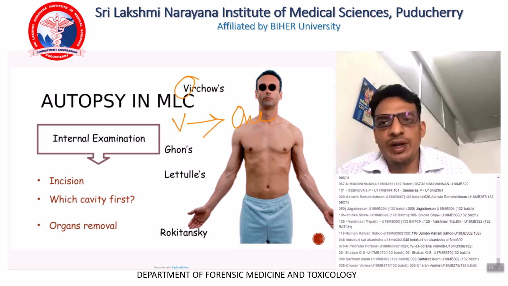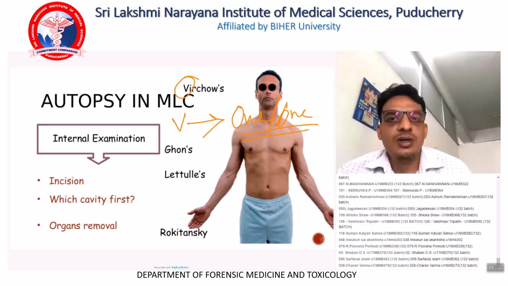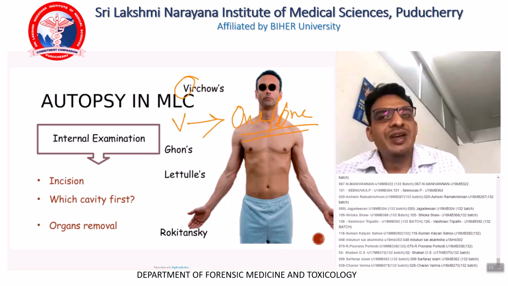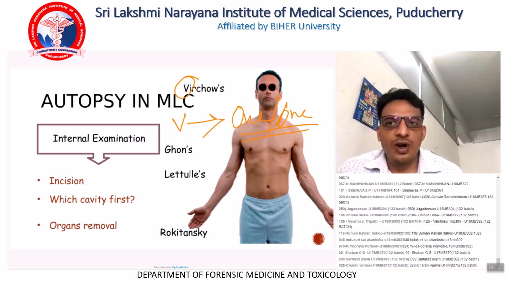All organs are taken out as one organ. Then it is known as Virchow's technique. In French, it is known as Virchow's technique as well, it's actually a French word, so they will call it the French technique.